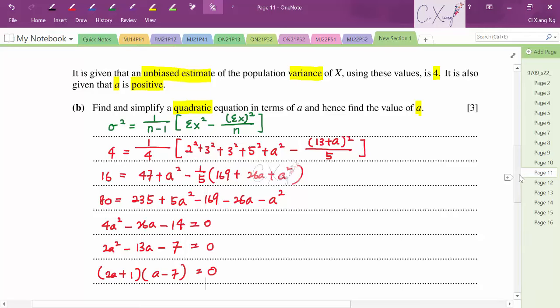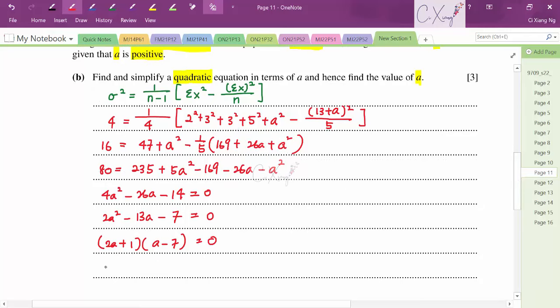From here, we get two values of a, where a equals negative 1 over 2, and also a equals 7. But of course, the question already mentioned that a is a positive value, right? So we should ignore the negative value of a and accept only the answer where a equals positive 7. So this is how we get the quadratic equation and factorize it to get the value of a.